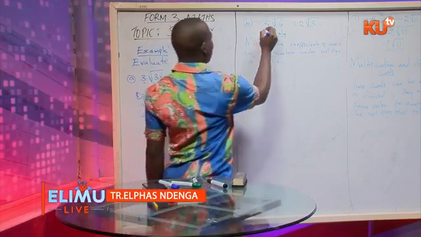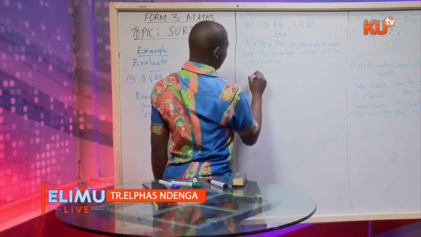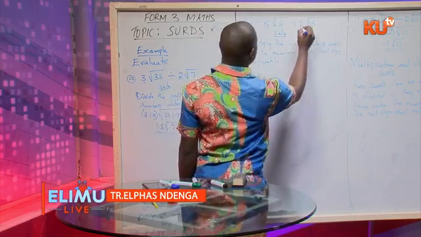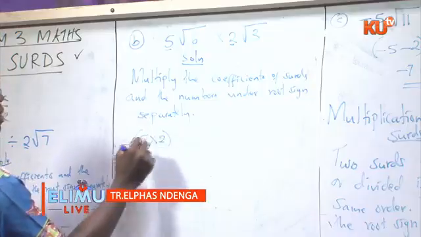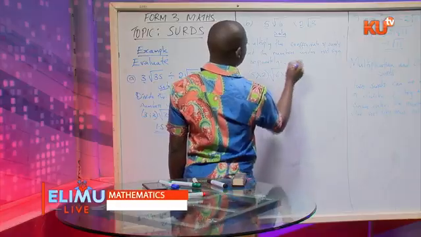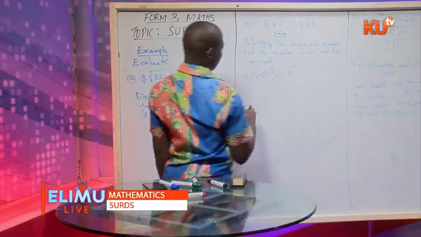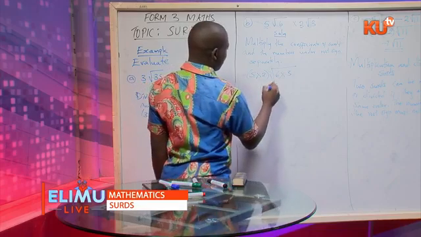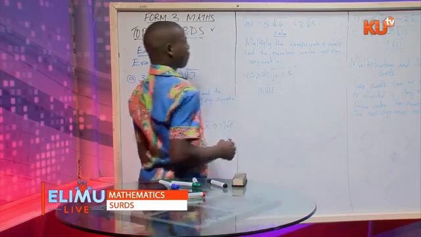What's the coefficient? It's 5. So you take 5 times 2, the coefficient here. Then root 6 times root 3. So this is 10 root 18.